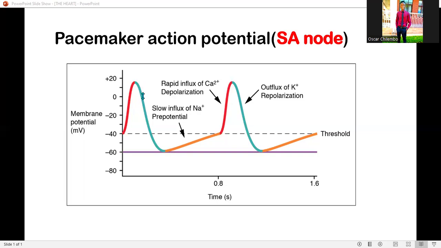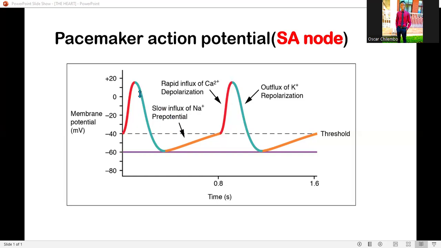So once the potassium voltage-gated channels are open, they allow potassium to leave the cell, meaning we are returning the membrane potential to rest. Remember, the rest is negative 60. Since potassium is leaving and making the inside of the cell more negative, we are returning back. Remember at this point the L-type calcium channels close.